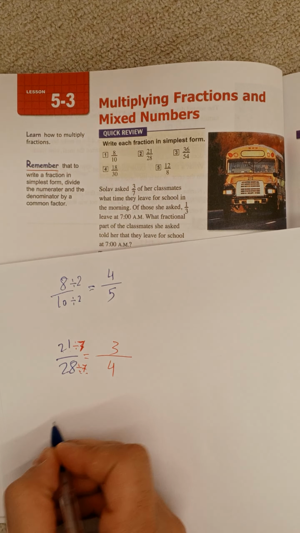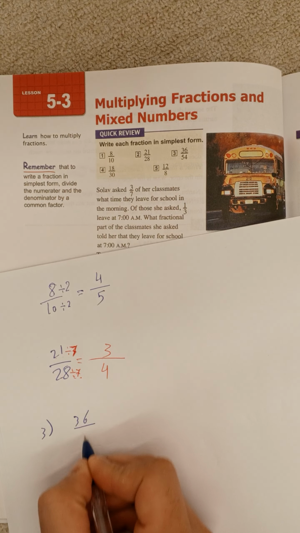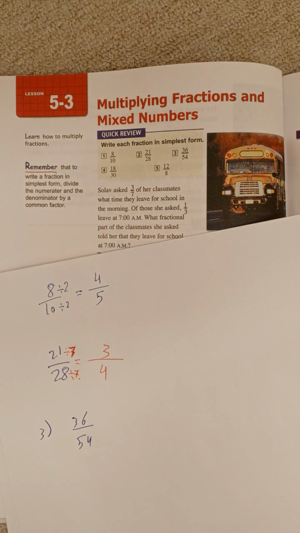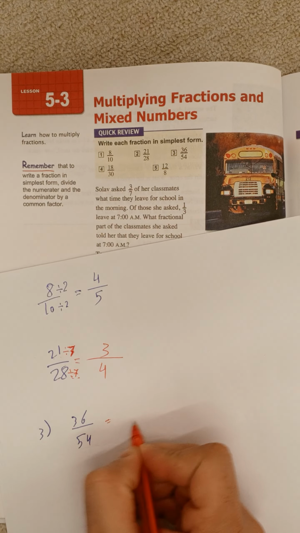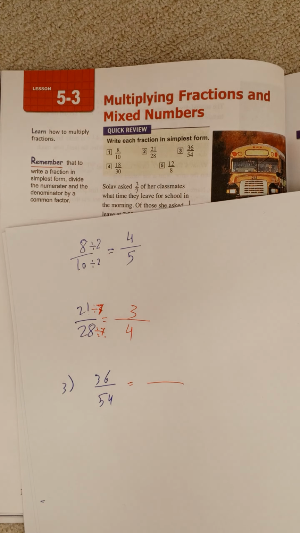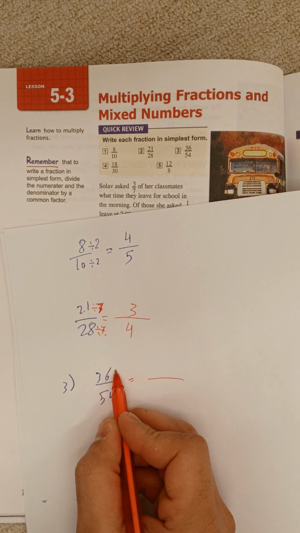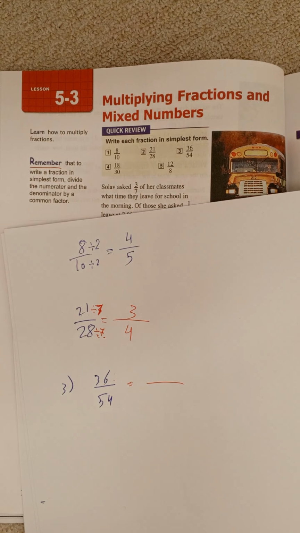The next question is example 3. 36 out of 54. 36 we can divide by 2, and 54 we can divide by 2. For 36 we can divide by 9, and 54 we can divide by 9.